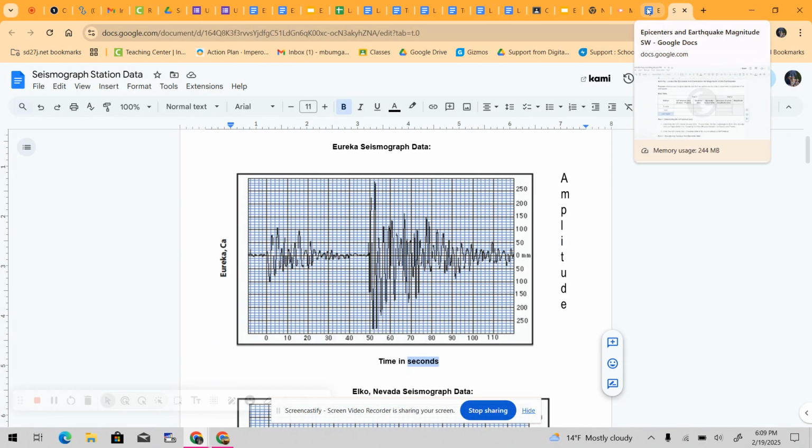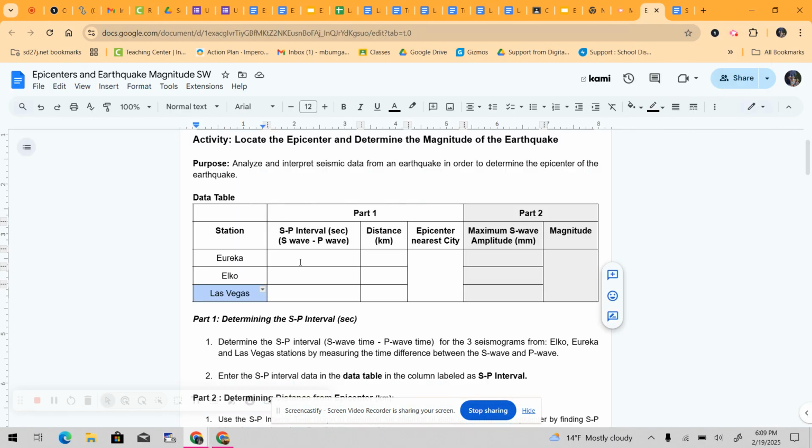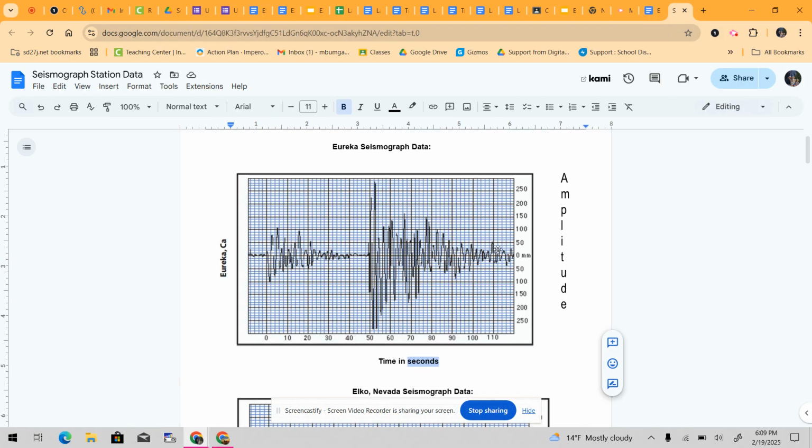So I'm going to go back into my data sheet and plug in that my P wave is 0 seconds. Then I'm going to come back to my graph and look at the S wave. Here I'm going to look at the very beginning movement of my S wave. You can see this little line right here.